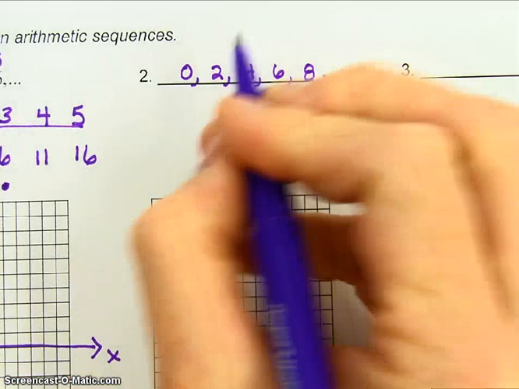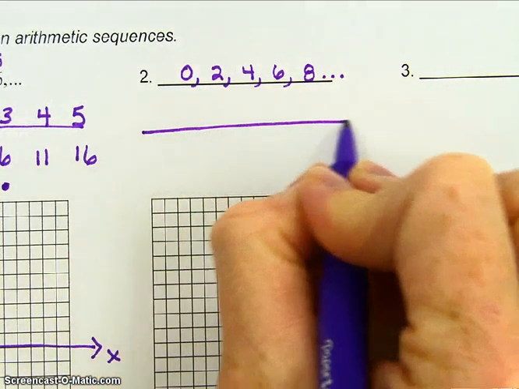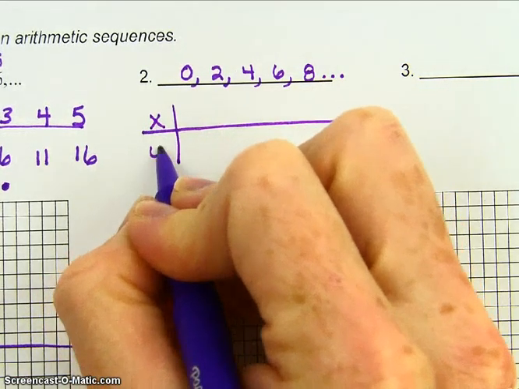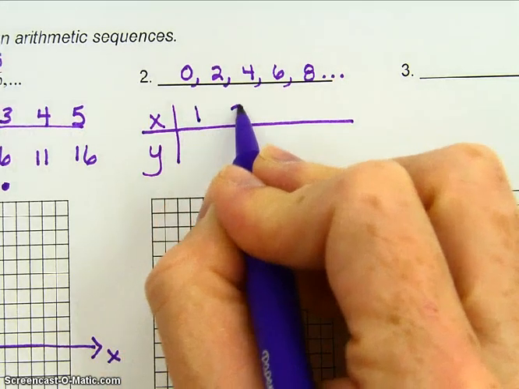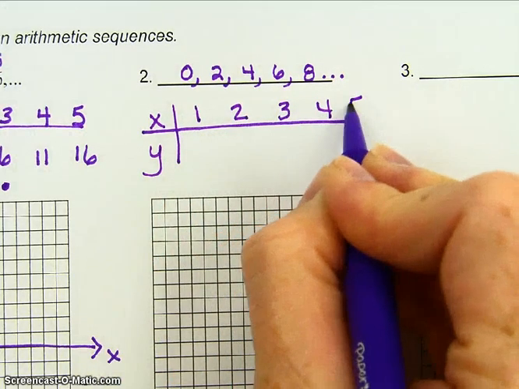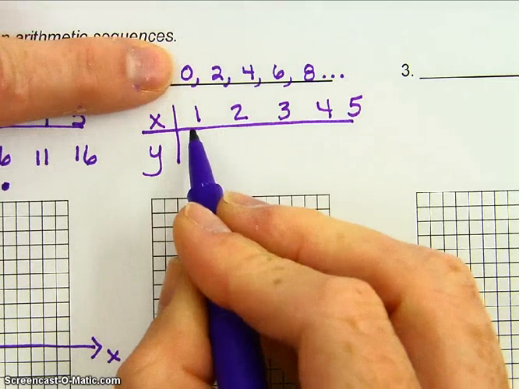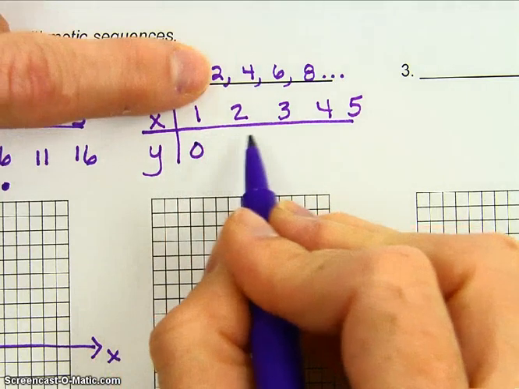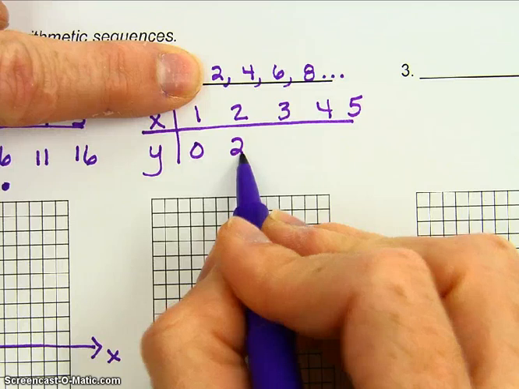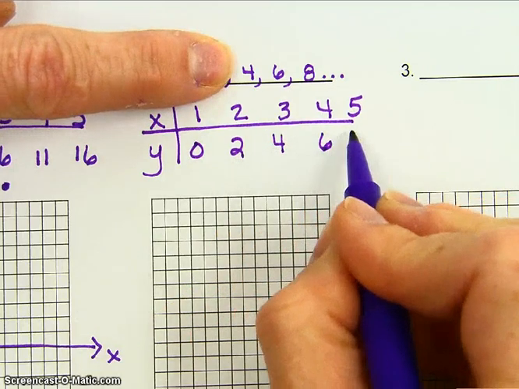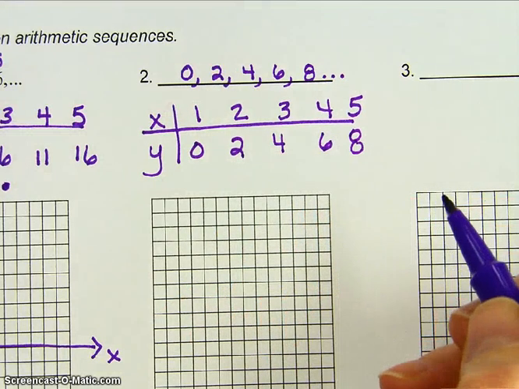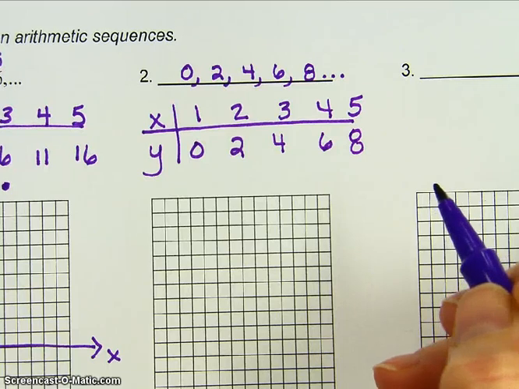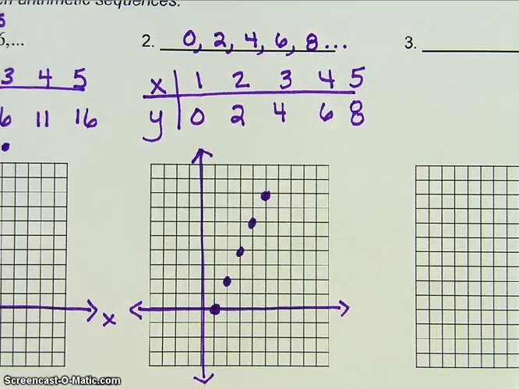So, remember, we are going to make a table, and we have positions. We have 5 positions. In the first position, we have 0. Second position is a 2, then a 4, then a 6, then an 8. Okay, pause the video and graph it. Okay, you can see my answer here.